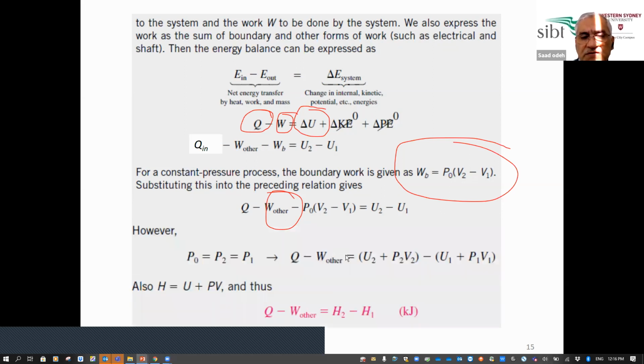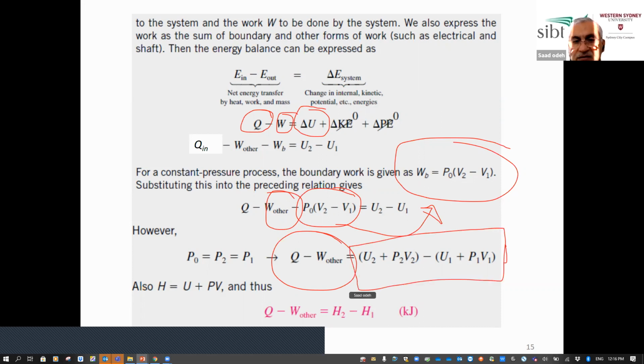So we are already given these values actually, but now for the first requirement, if we simplify this equation, we say Q minus W, we take this term to the other side of the equation, and then we can simplify this side because U plus PV is H. So for each one of these, we can give it H2, and this one is H1.